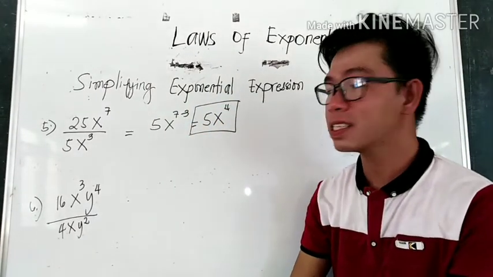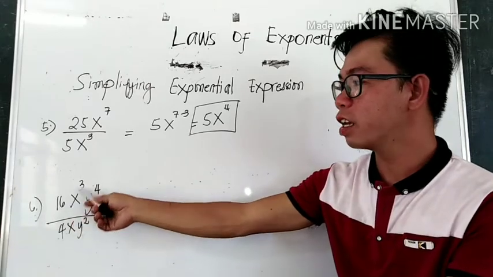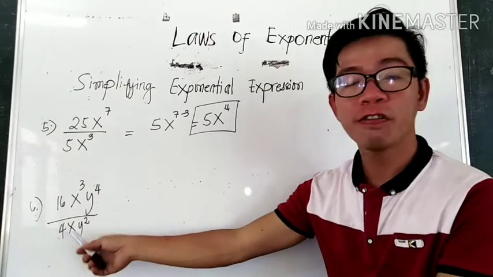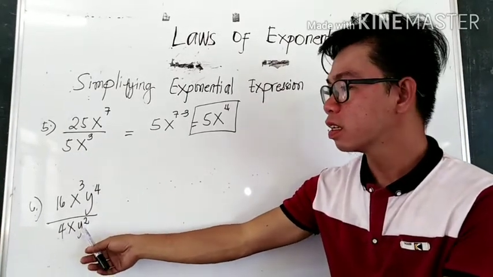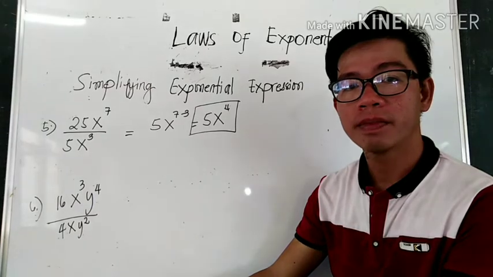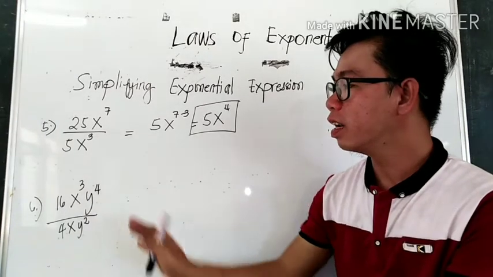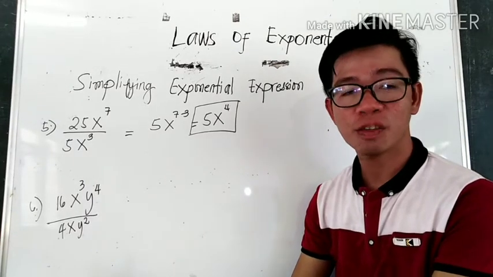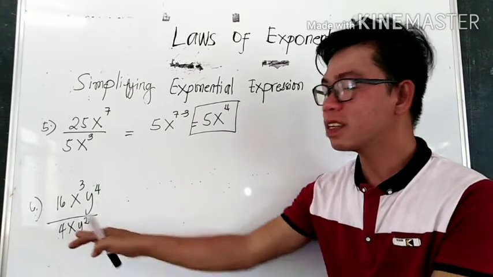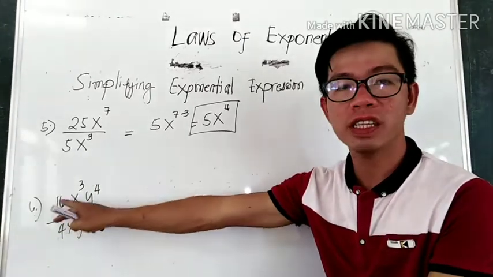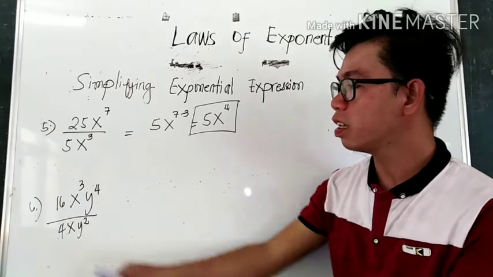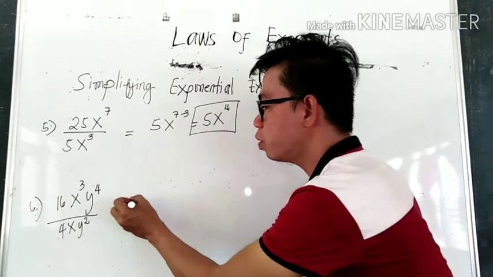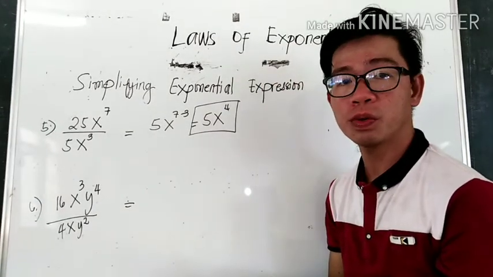Example number 6, we have 16x cubed y to the 4th power divided by 4x y squared. So again, our division rule, we have to subtract the exponents. Since we have coefficients, we start with the coefficients. 16 divided by 4 is equal to 4.